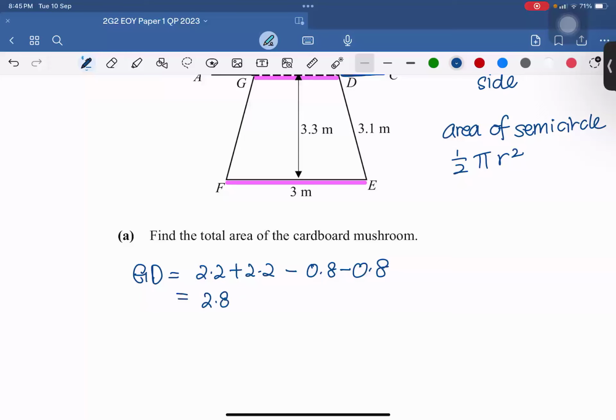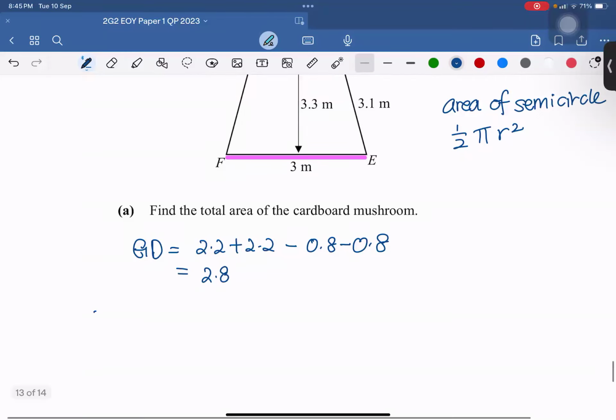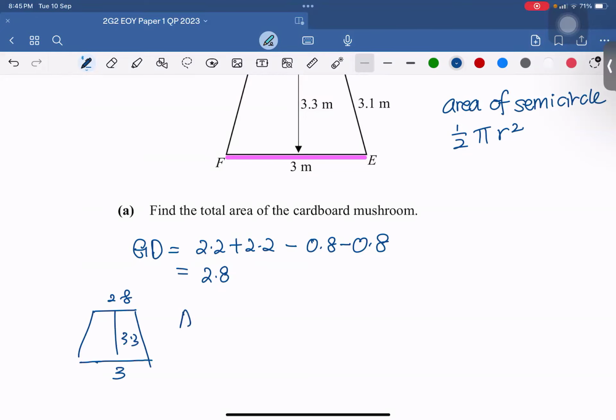So this is 2.8. So I have my trapezium. Here is 2.8. The other parallel side here is 3 meters and the height is 3.3. Let me find area of trapezium first. Half times which two numbers add together?